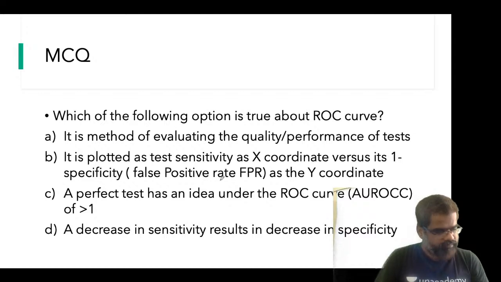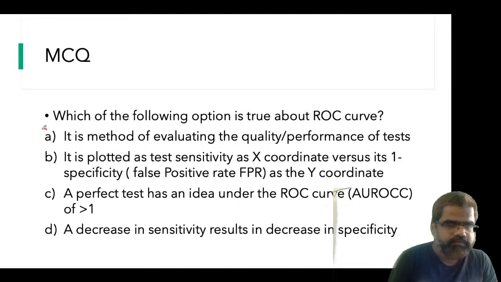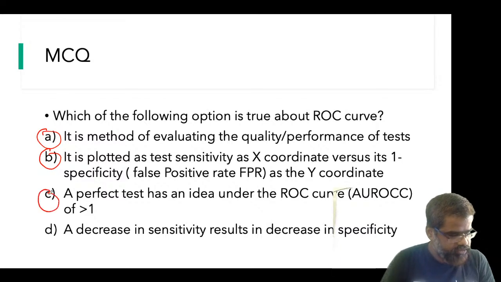Just try. Okay, Sindhu goes with A, Bharti goes with A. Very good. Doctor goes with B. Arvidizi goes with C. Okay. Pooja goes with B. Faiz goes with B. Okay.